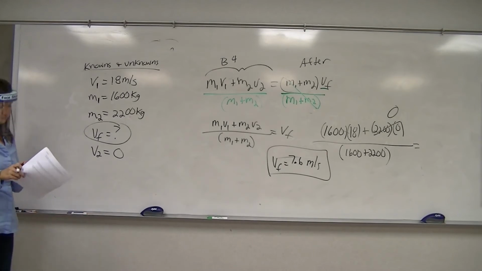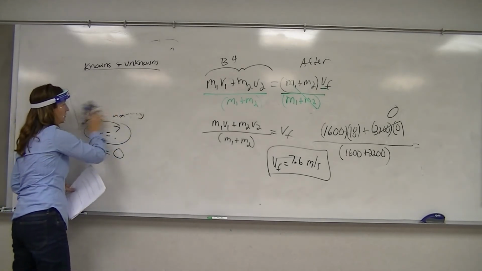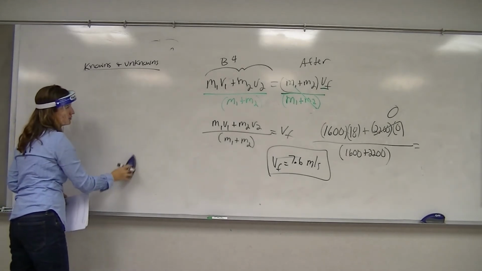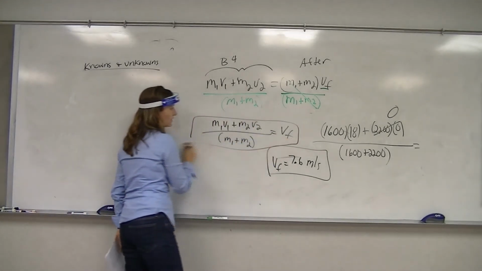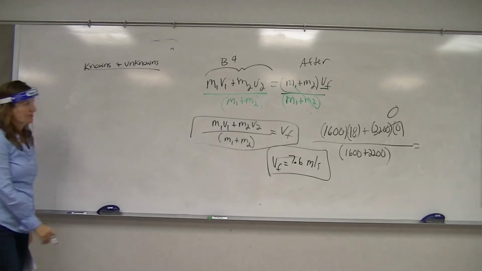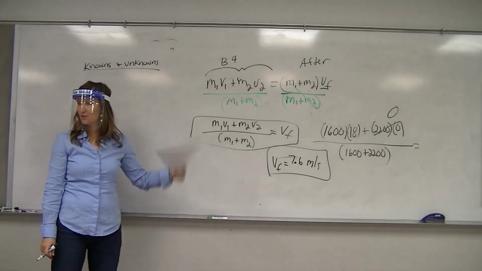All right. So, questions on this one? You might even want to write down the rearranged version because you are going to be asked to solve for final velocity. That way you'll already have it ready and you can just plug in your numbers.